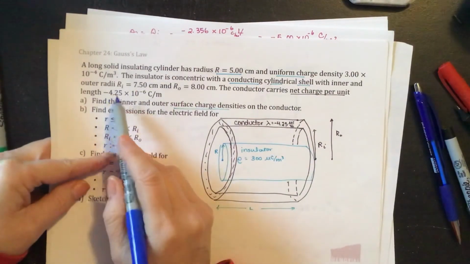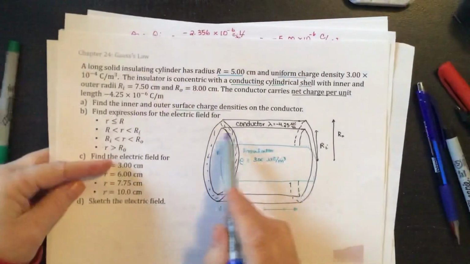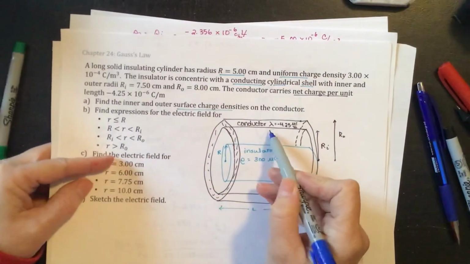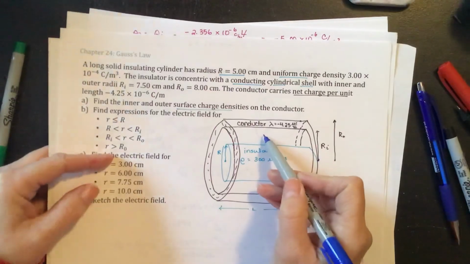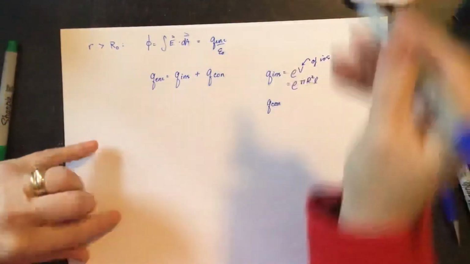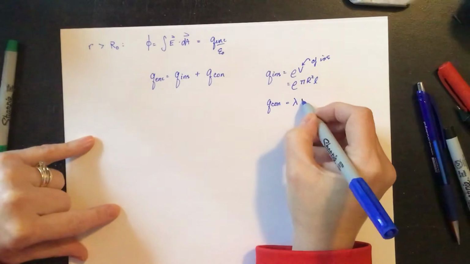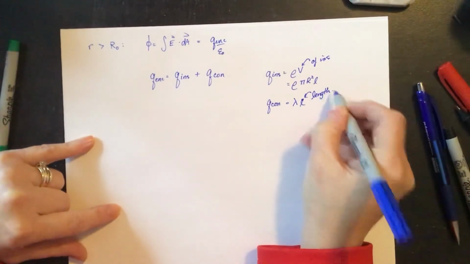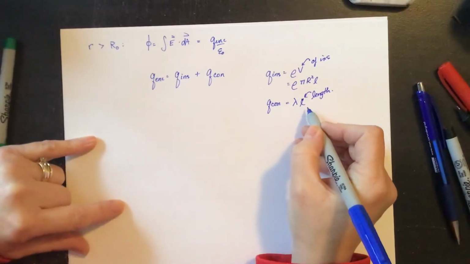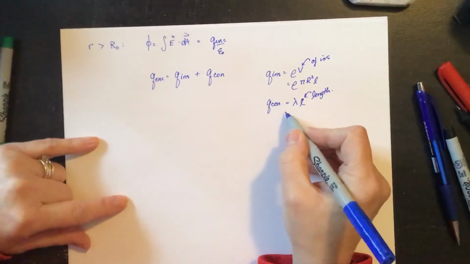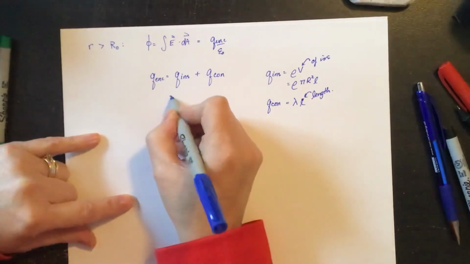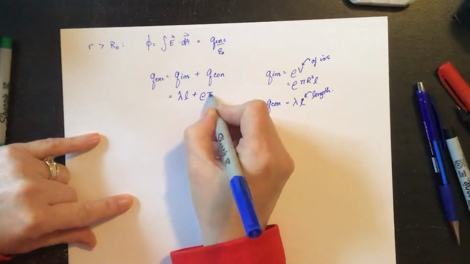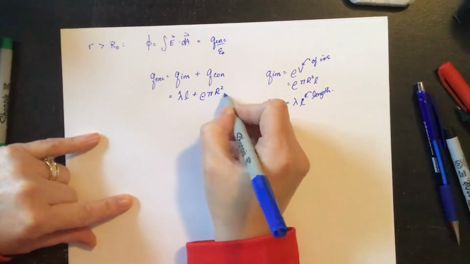We have a linear charge density here, so the net charge on the conductor is going to be the density times the length, because we're given a linear charge density instead of a volume charge density. And this is going to be the length of the Gaussian surface we picked, because we're looking for the net charge inside the Gaussian surface. So we've got lambda L plus rho times pi r squared L.